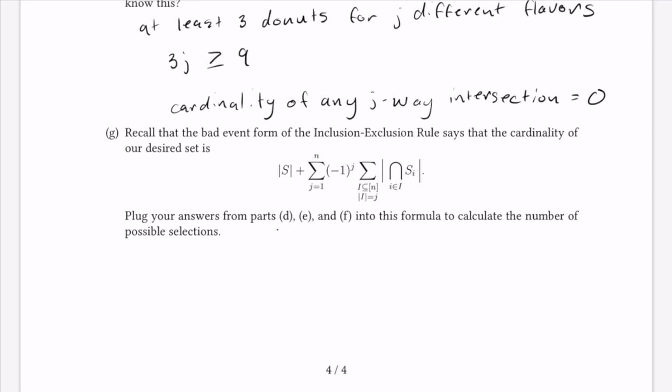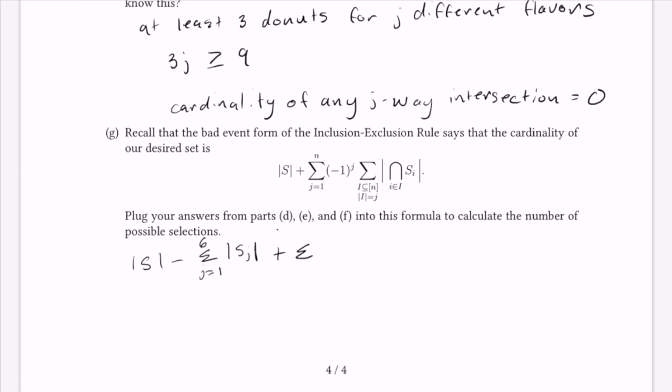So first, let's expand out this equation. We have the size of S, and then we need to subtract out a bad event for each of the 6 flavors. So this gives us a sum from j equals 1 to j equals 6 of the bad event. And then we have to add back our two-way intersections.